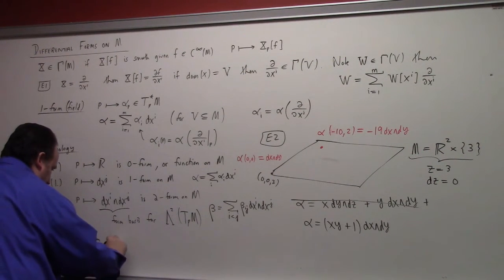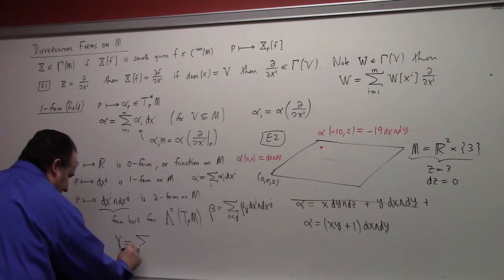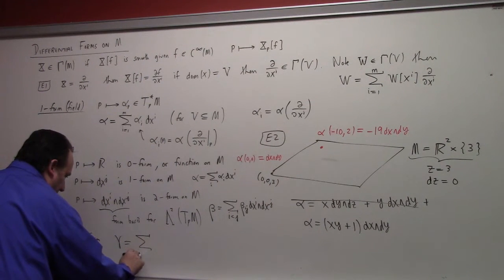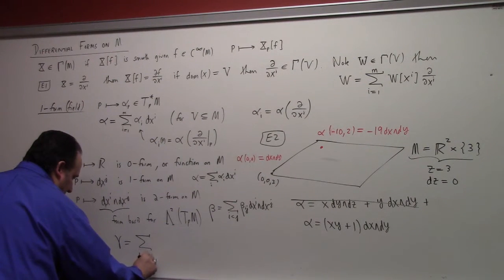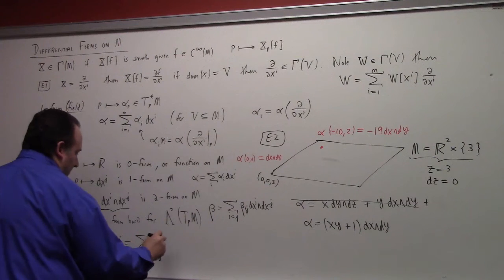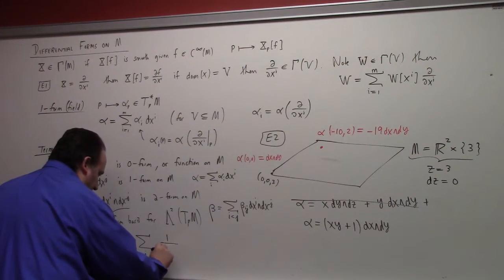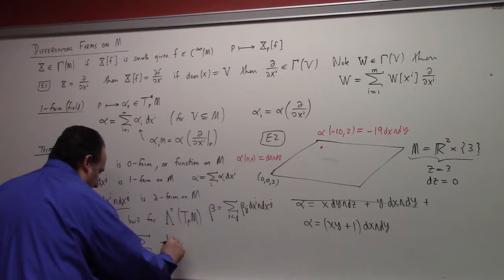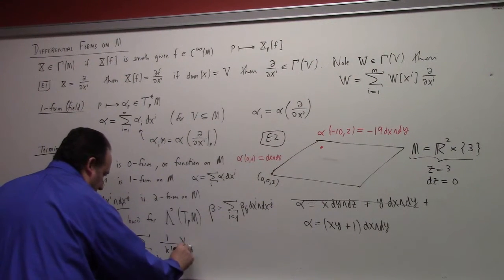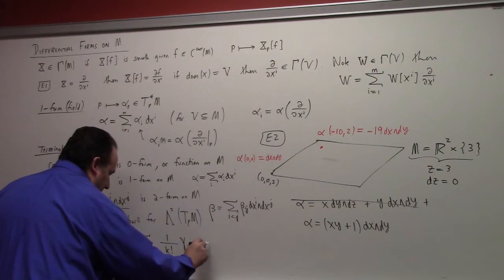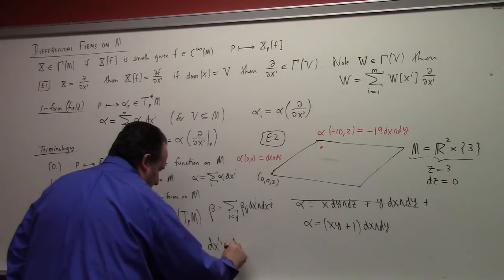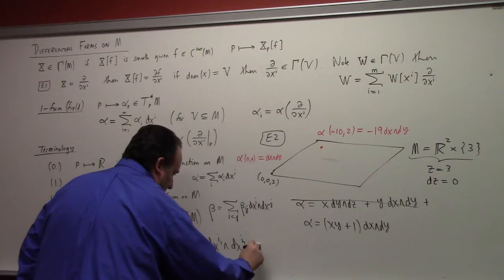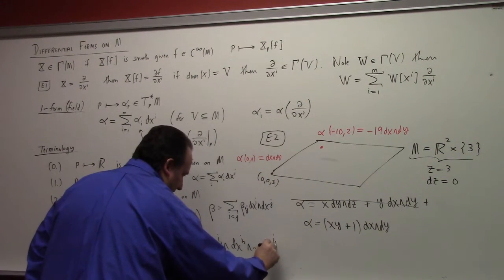It would look something like gamma, a sum over i1, i2, ik, and we could write it this way: 1 over k factorial, gamma i1, i2, ik, dx i1 wedge dx i2 wedge dx ik. I mean, that would be a k form.